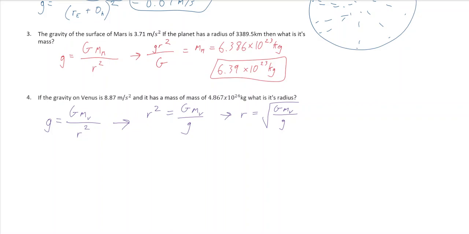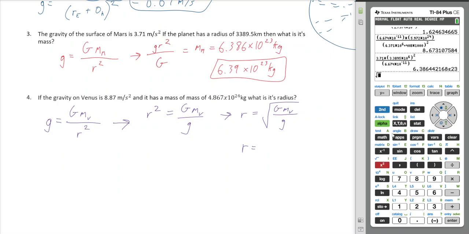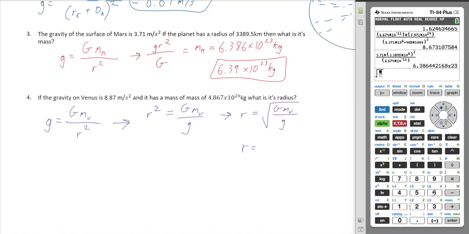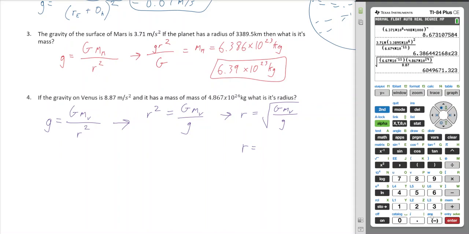So now that we have that, we can plug in our different values, and r is going to equal 6.67 times 10 to the exponent negative 11, and then the mass, which is 4.867 times 10 to the exponent 24, over gravity, which is 8.87 on Venus. So this is the radius.